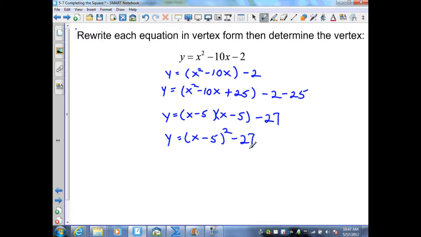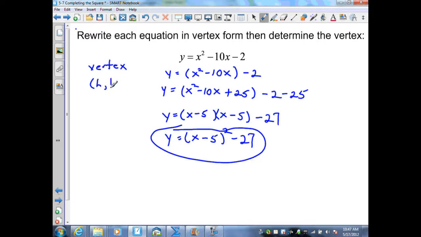Now I can determine my vertex because this is in vertex form. So my vertex is h, comma k. My h is 5, and k is a negative 27.